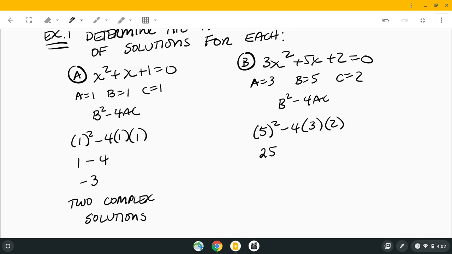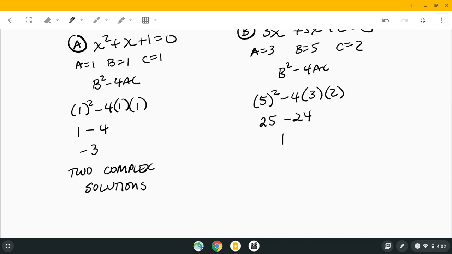So that's 25 minus 24, and that gives me 1. So, square root of 1. That gives us 2 real solutions.